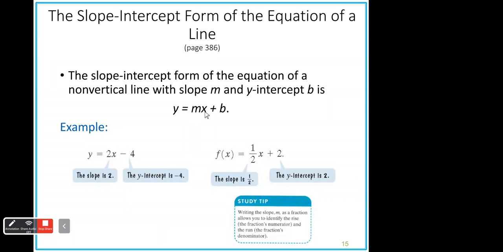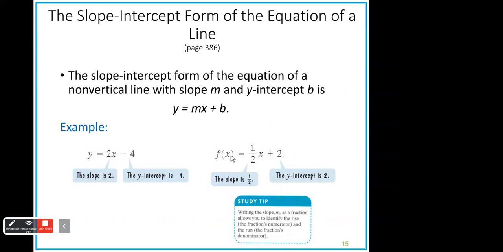We could always rewrite the equation by rearranging it. So in this case, you have y equals 2x minus 4, and the slope is the coefficient of x, and this here is your y-intercept. So this is telling you that the line is going to pass through -4. Sometimes for certain types of equations, which we call functions, you could write it in this form.